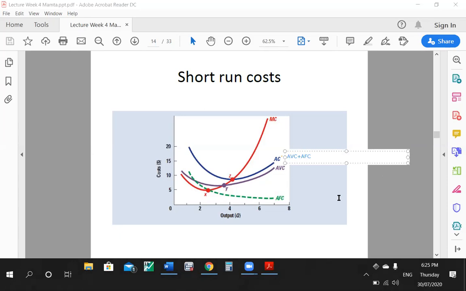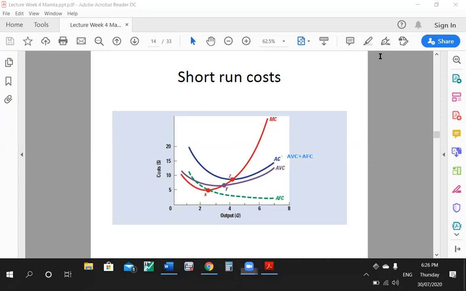Don't forget this. Here is only average fixed cost. So this average cost also has the average fixed cost value. That's why average cost will always be above average variable cost.